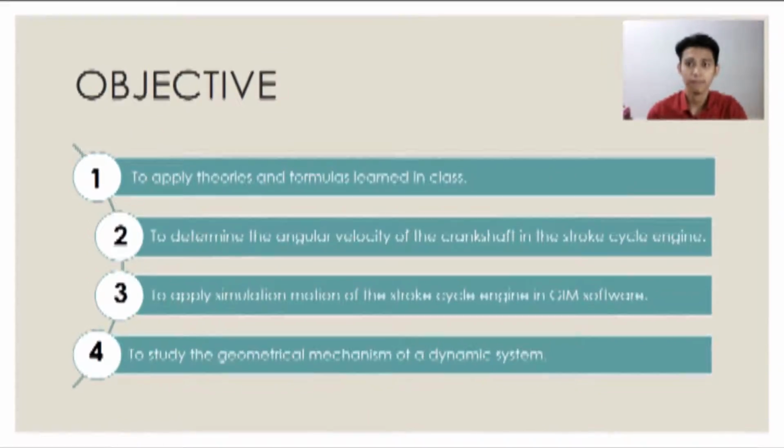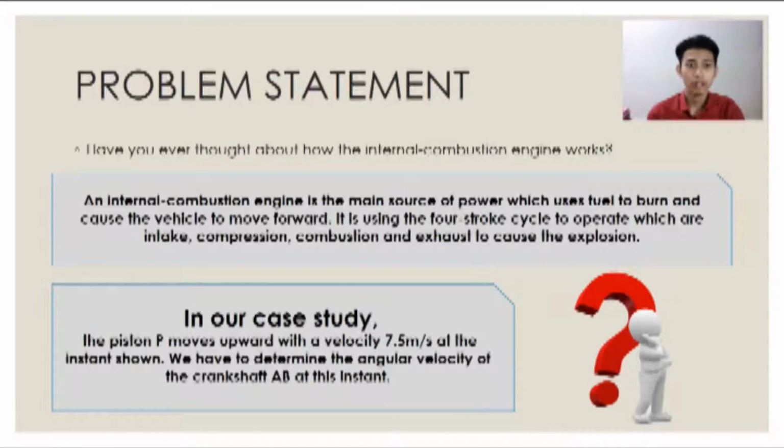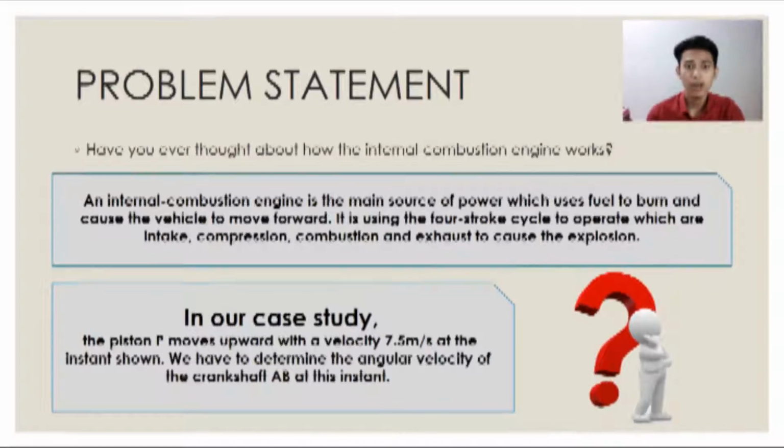Have you ever thought about how the internal combustion engine works? An internal combustion engine is the main source of power, which uses fuel to burn and cause the vehicle to move forward. It uses a 4-stroke cycle to operate, which are intake, compression, combustion, and exhaust, to cause the explosion.